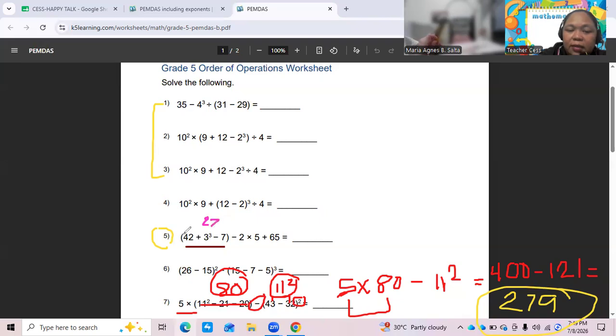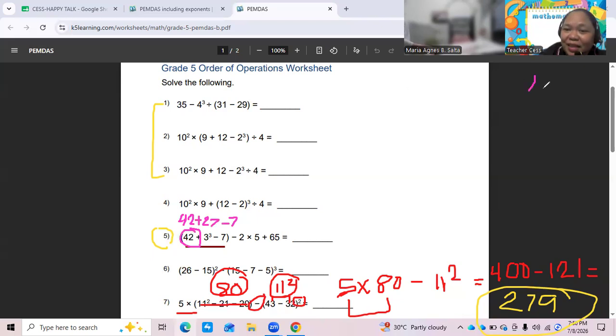Plus 42. 27 plus 42 is 69. Are you sure? Let's check. Why do we operate addition first before subtraction? Because if addition and subtraction are combined in one operation, you operate from left to right.